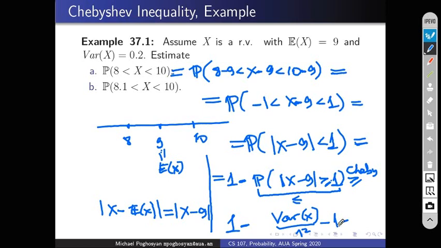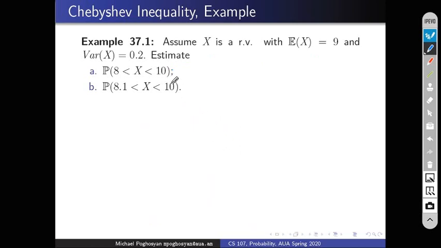The variance of x was 0.2, so this is equal to 1 minus 0.2. So what I can say about this probability is that it is larger or equal than 1 minus 0.2, which is 0.8. You can see that only having this information, I was able to estimate this. With high probability, I can say that x is between 8 and 10.